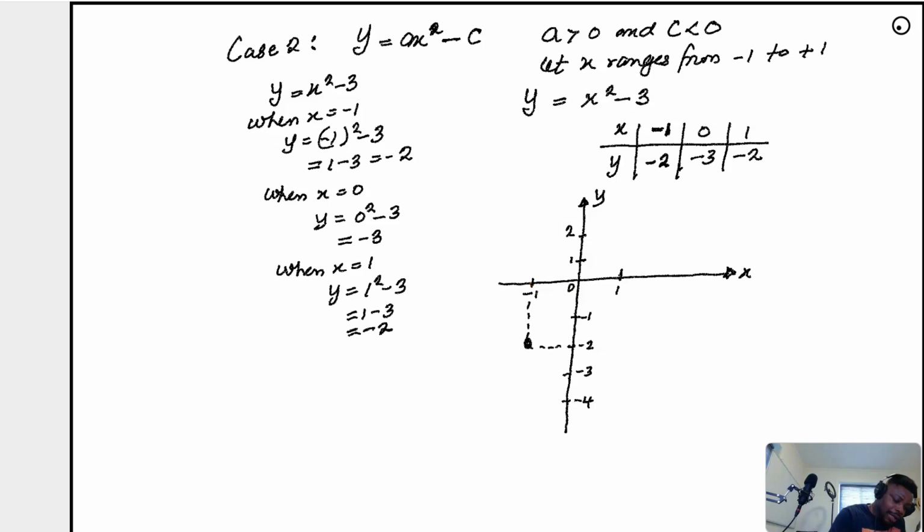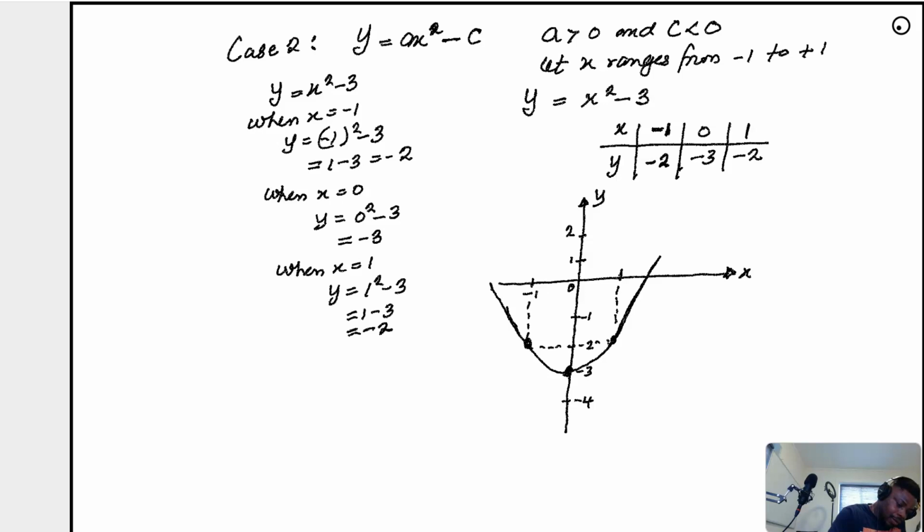So you have a dot here. When x is 0, our y is minus 3. So it's going to be here. When x is 1, our y is minus 2, which is here. So our curve is going to be this. Okay?